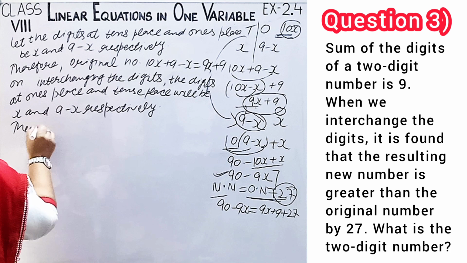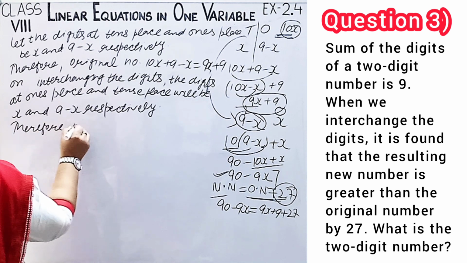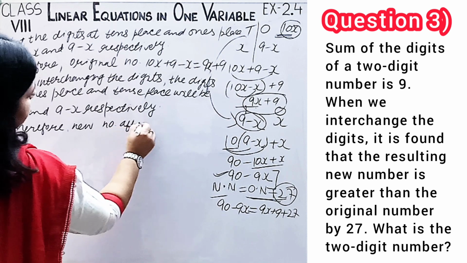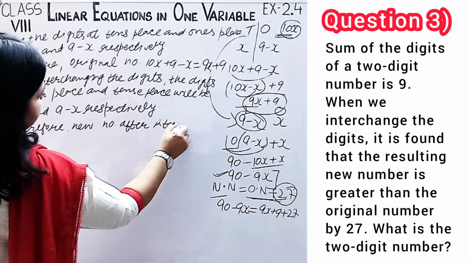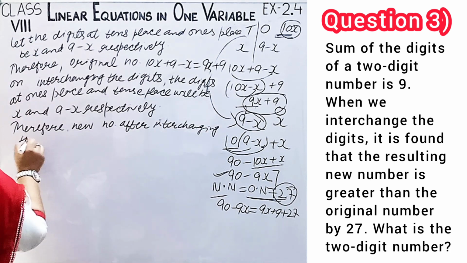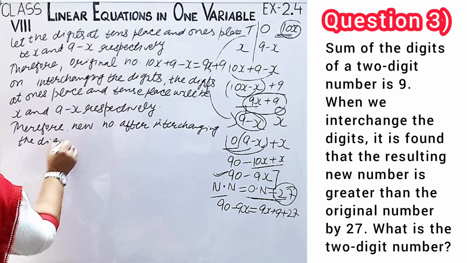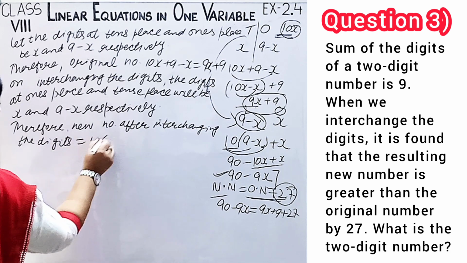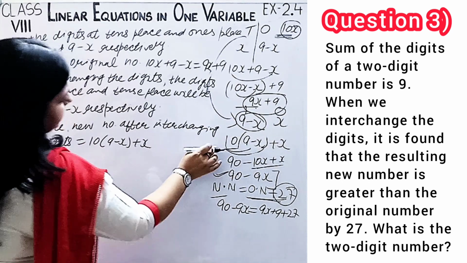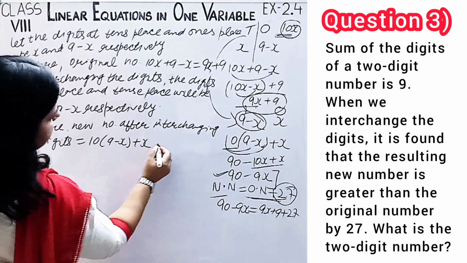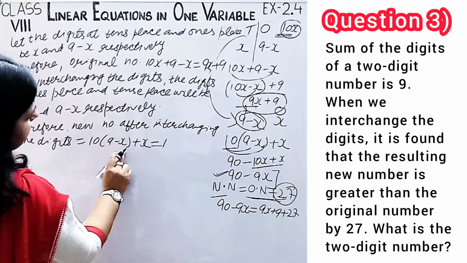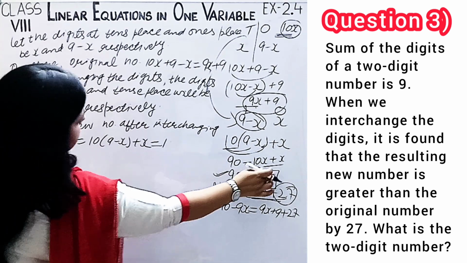Therefore, the new number after interchanging the digits is equal to 10 times (9 minus x) plus x. Already done here. So after calculation we get 10 nines are 90 minus x, which is 90 minus 9x.